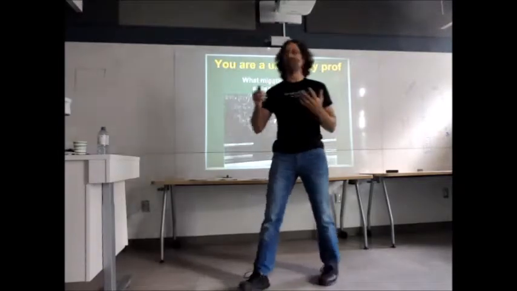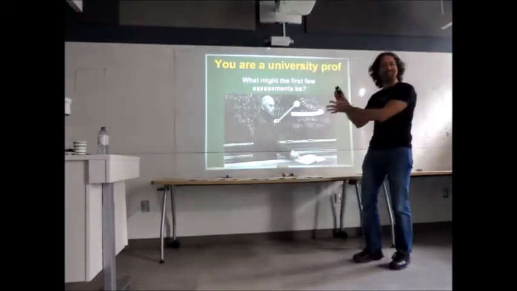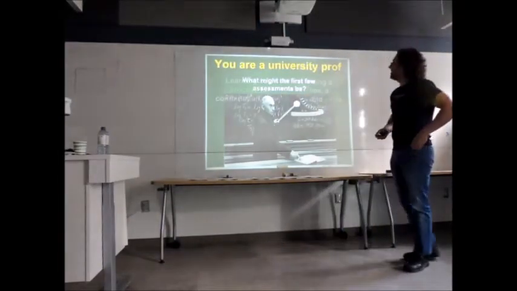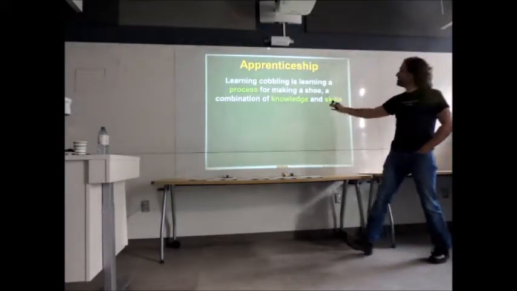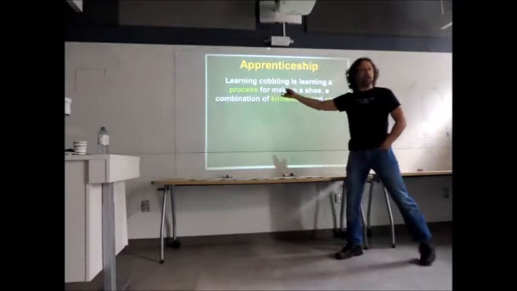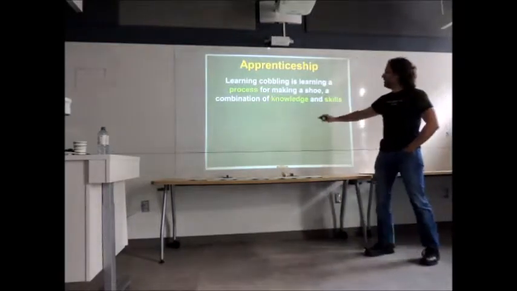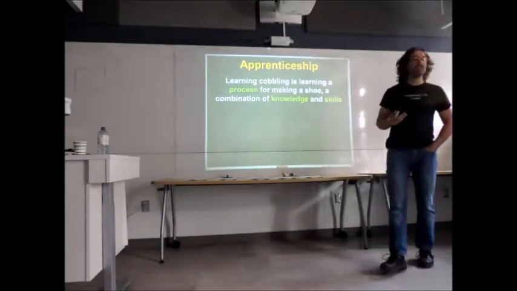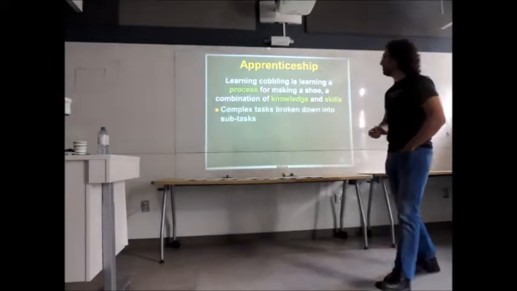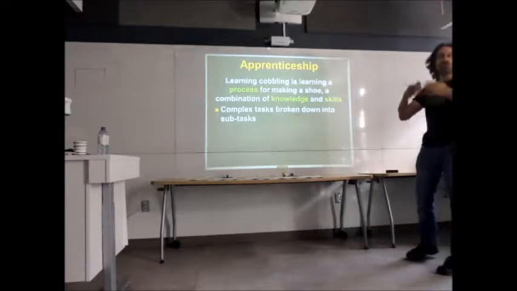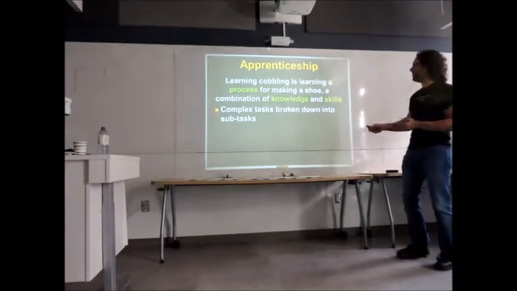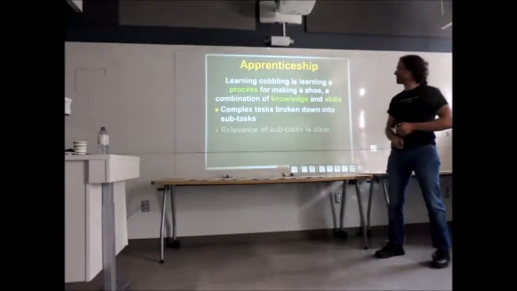But I want to try to exaggerate these differences as much as possible. So if we think about the role of apprenticeship, that apprentice is learning a process, shoe making or shoe repair. And this is a combination of knowledge and skills. As you have described, this complex task will be broken down into a lot of smaller tasks.